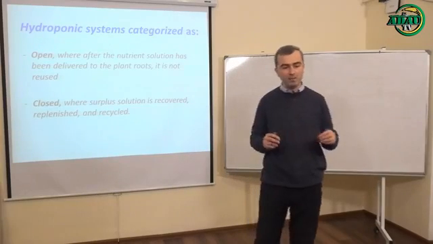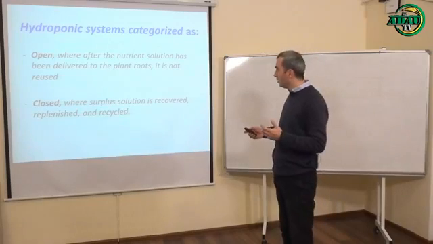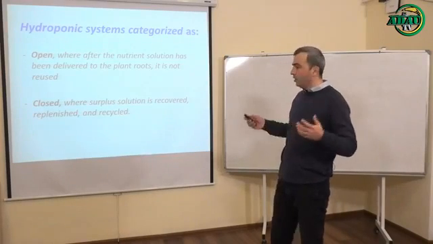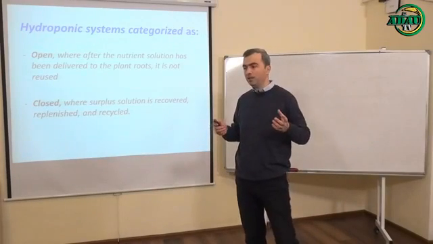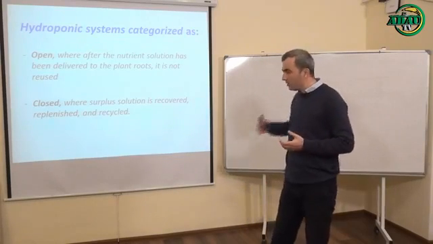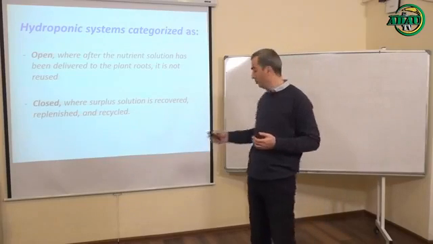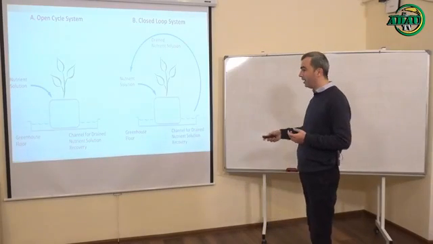Even from the names, you can see that in one case, the plants and roots use the solution, and then this solution is just left out and we lose that solution. You can see it on this diagram very well.